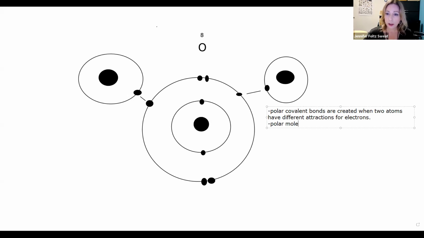So a polar molecule is formed with polar covalent bonds.